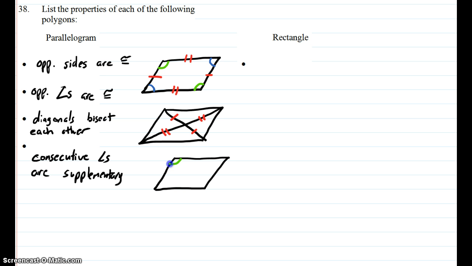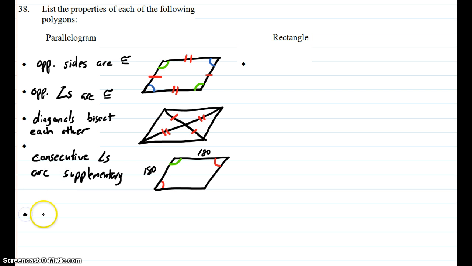So that would mean that this angle and this angle add up to 180, but also this angle with this angle would also equal 180. And you can actually work your way around. So this angle and this angle also equal 180. And that's because the lines are parallel and these are same side interior angles.